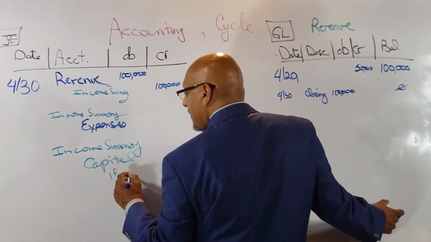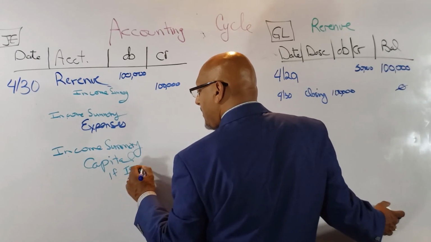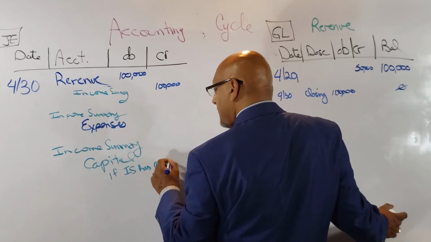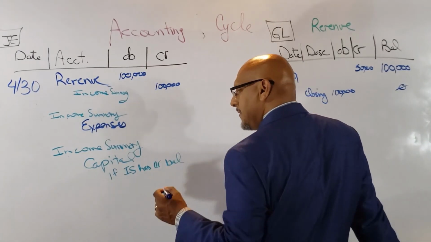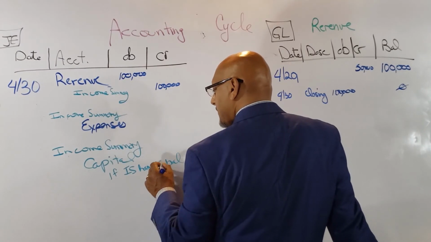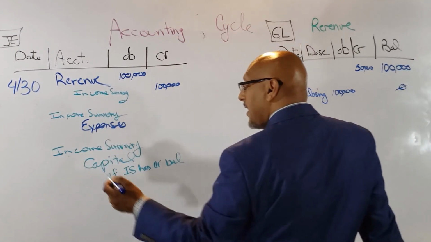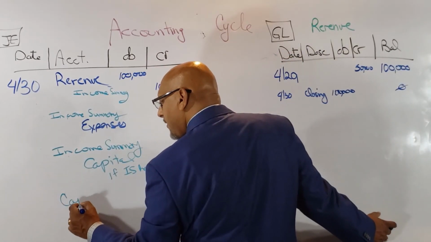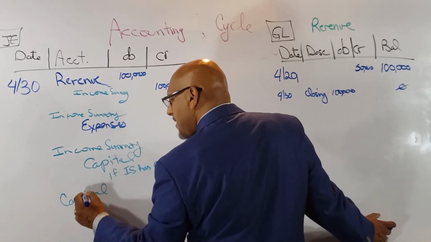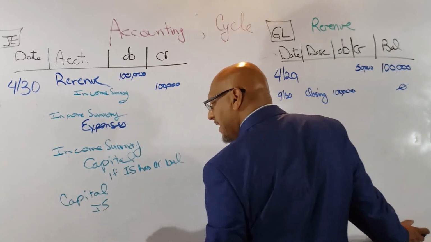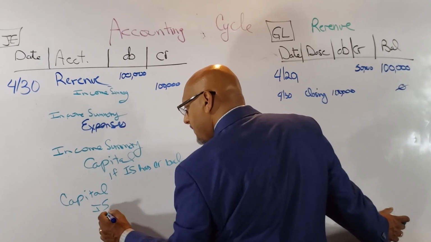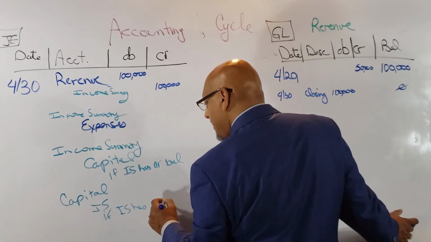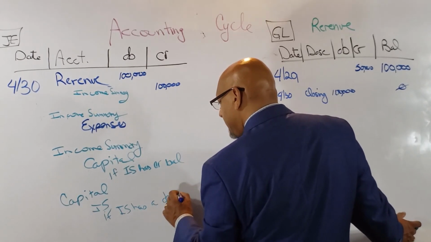If income summary has a credit balance. Otherwise, these two would be switched, and we would debit capital and credit the income summary. I'm putting it as if the IS has a debit balance.